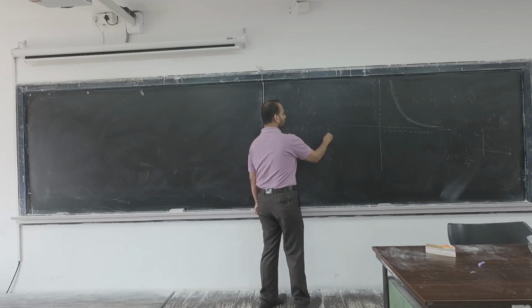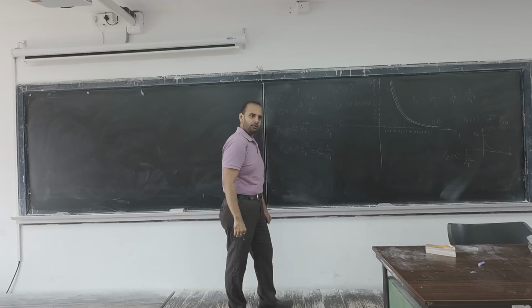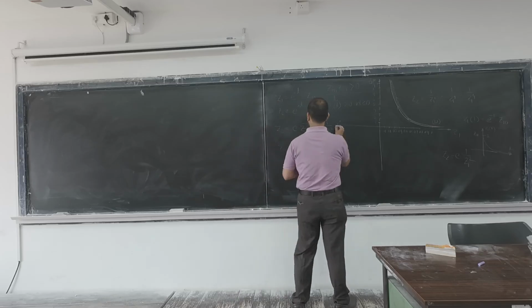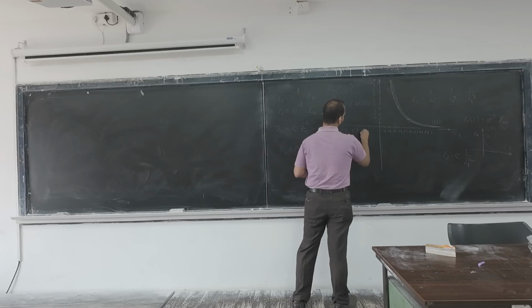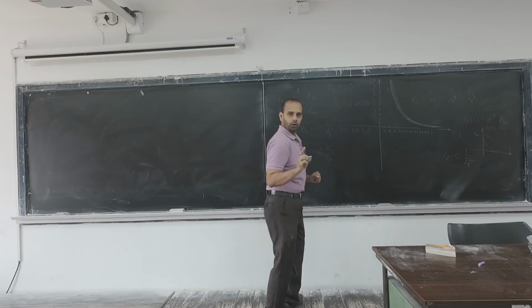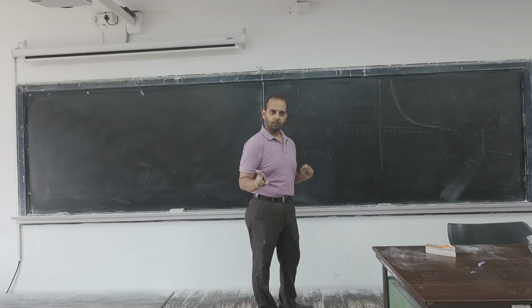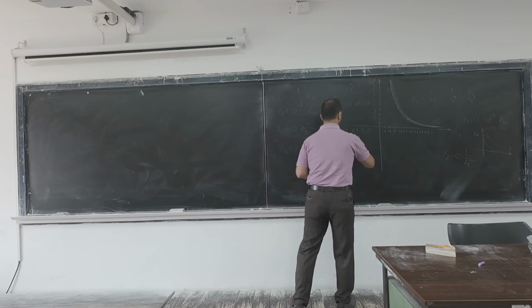Then Z1 square will be all positive, 1 by Z1 square will also be positive, right? So Z2 will be greater than 0 for all t greater than or equal to 0. Do all of you agree with that? We don't have any doubt.